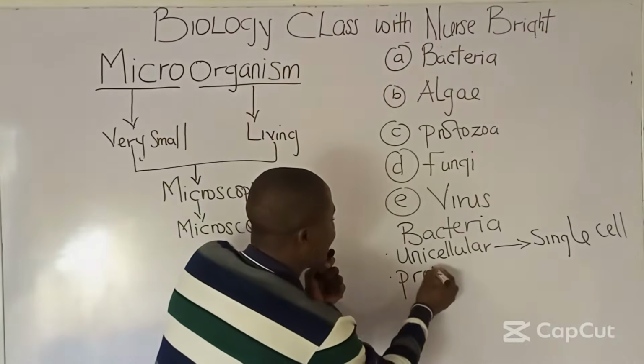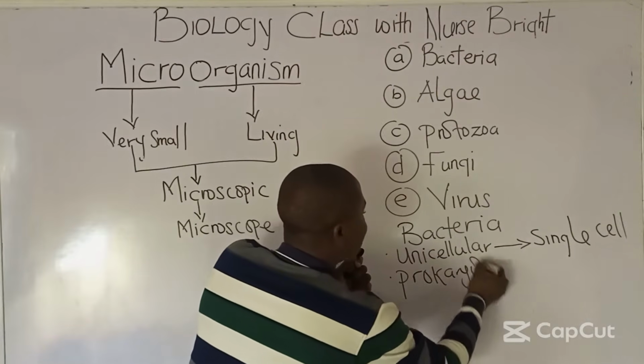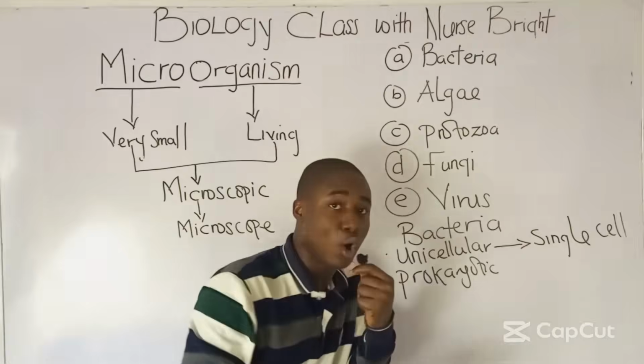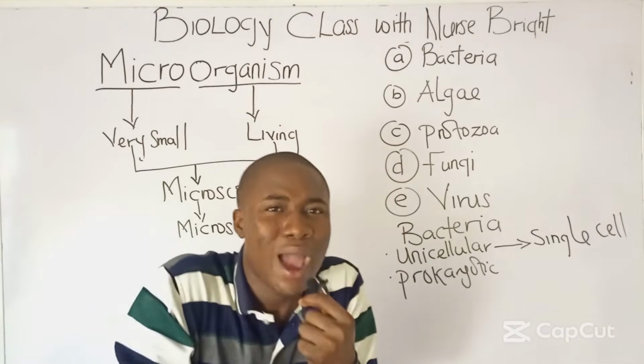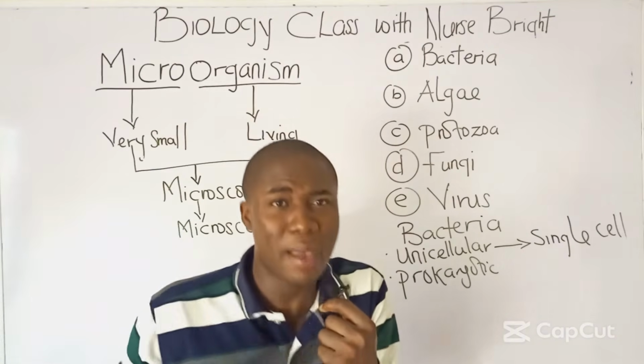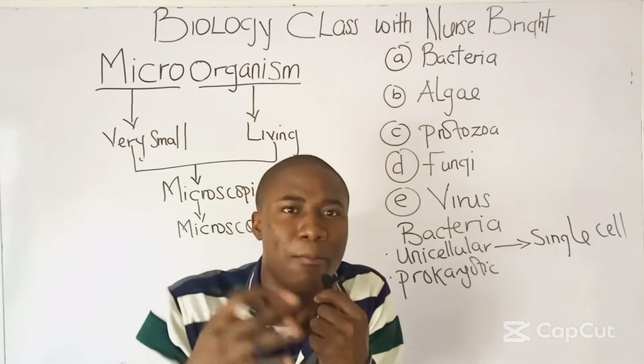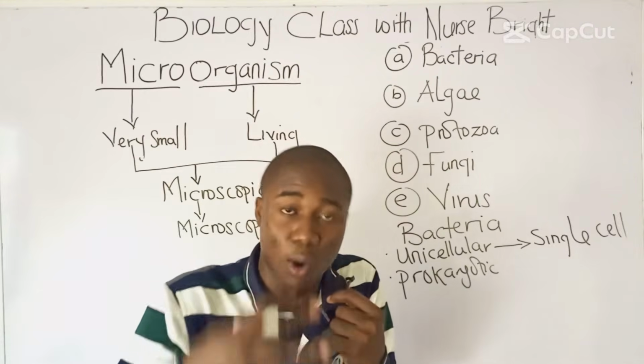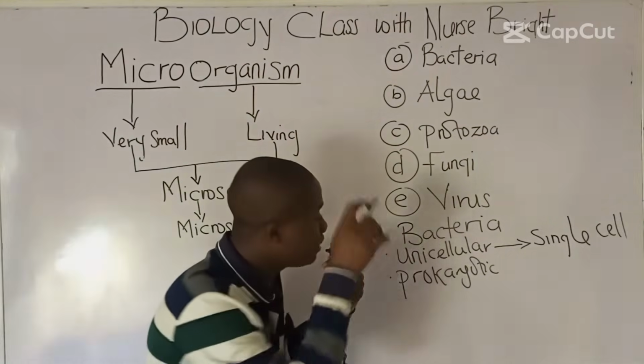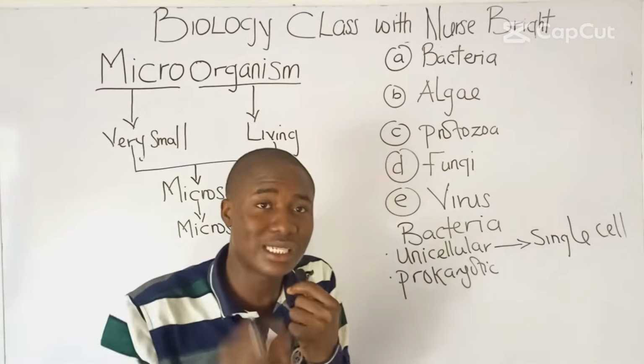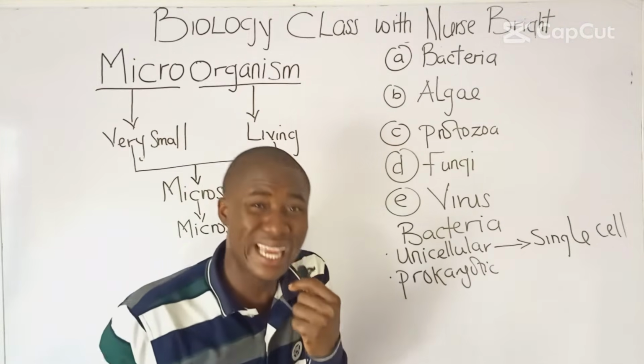Also, they are prokaryotic in nature, meaning that they don't have a well-developed nuclear membrane. They don't have membrane-bound organelles. So that is what it means for bacteria as a microorganism to be prokaryotic in nature.